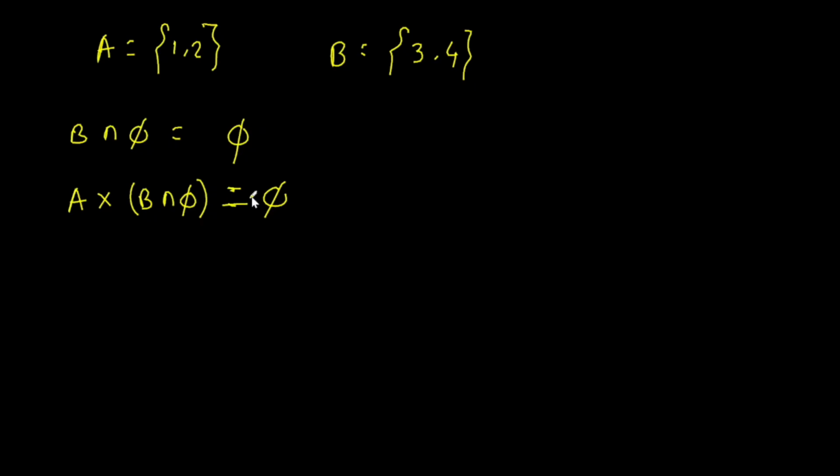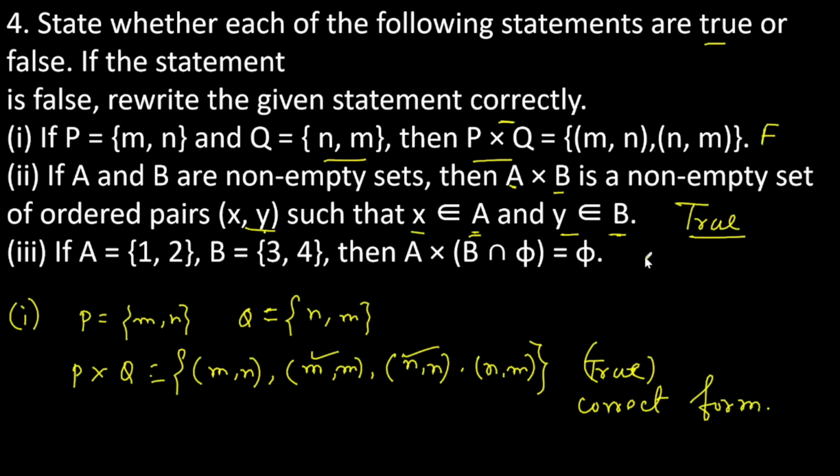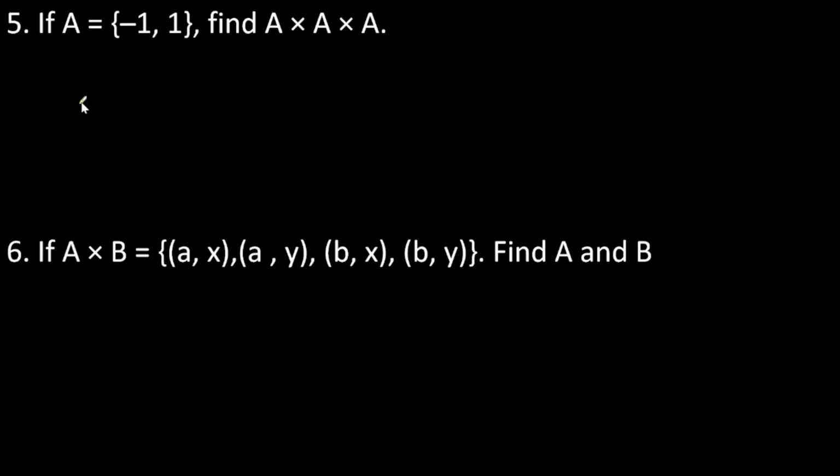If you take a cross product between a non-empty set and an empty set, we always get the empty set, that is phi. So the statement is true, no need for correction. Okay, next, question number 5.